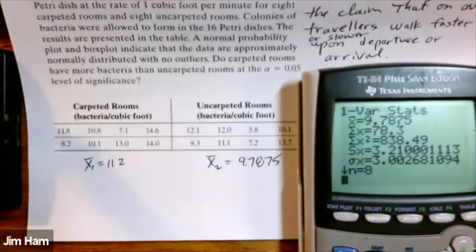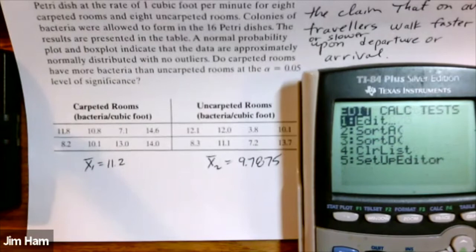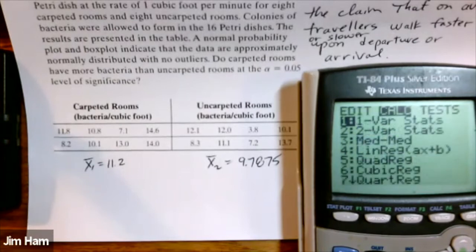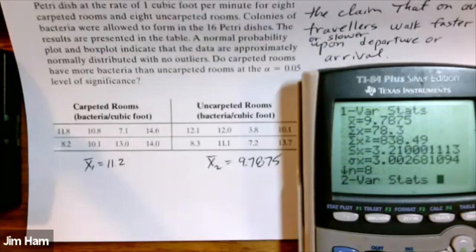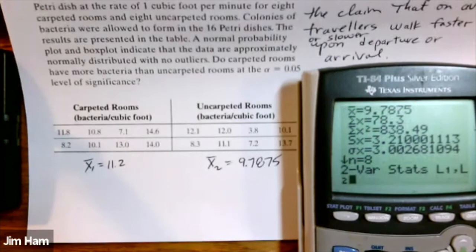Let me show you a new function. If you go to stat and then calculate, option number 2 is the two variable statistics. So if you tell it the two lists, it'll give you the mean, standard deviation, and sample size of both lists at the same time, and you can scroll through. You do have to specify the two lists, L1 and L2.